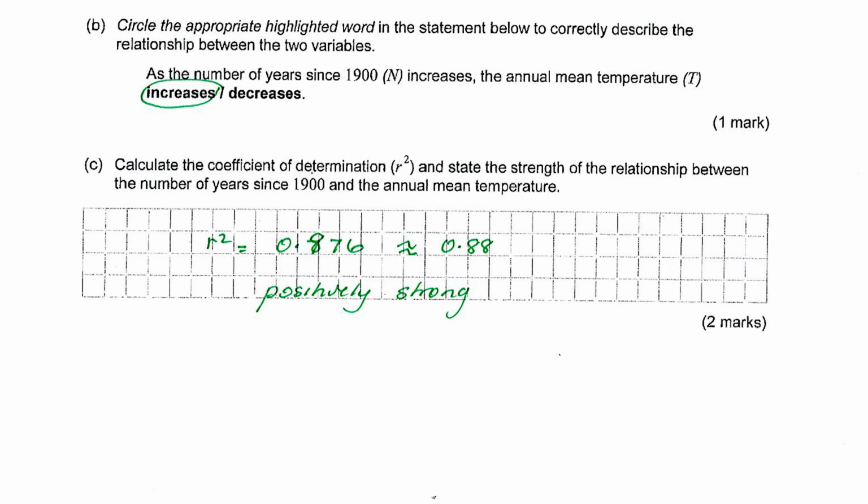We accepted strong or very strong for that one, but we did not accept moderate. Your solution states positively. Do they need to say? Didn't say positively, no. We're just looking for the R squared value, strong or very strong. Yeah, no problem.